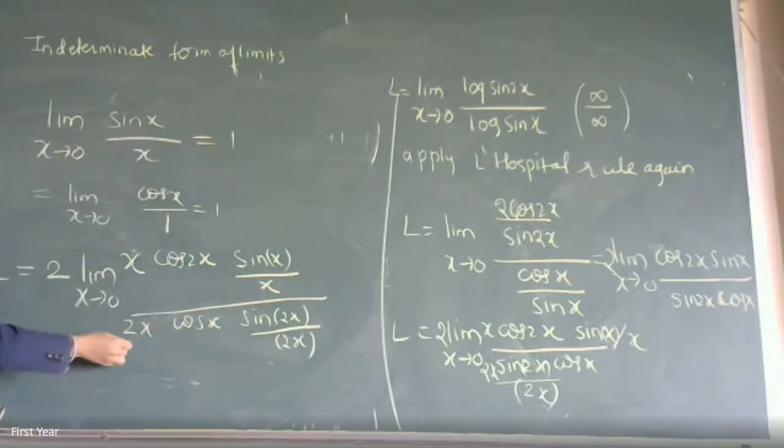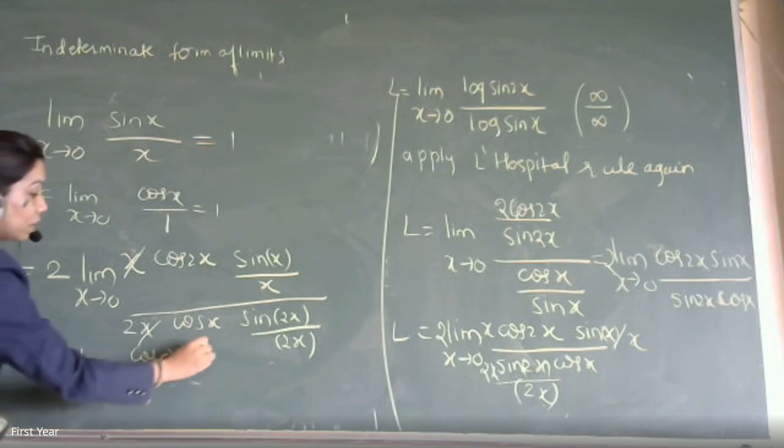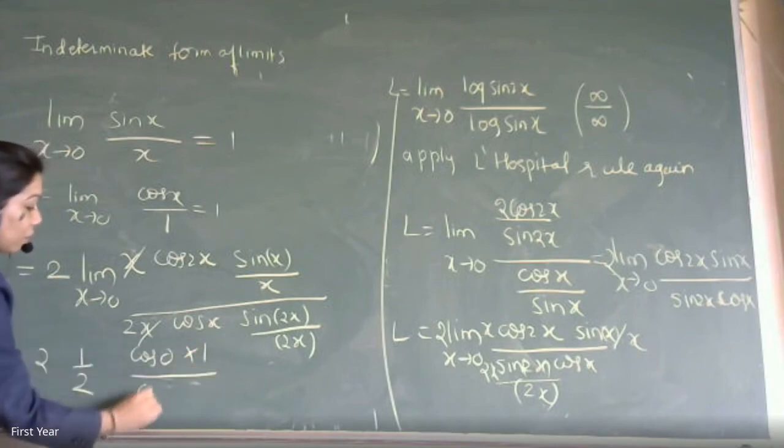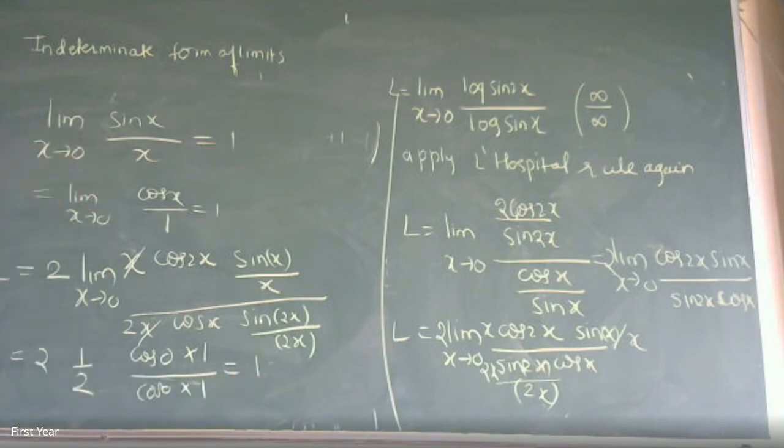Is it okay? And now this x will get cancelled. 2 into 1 by 2, cos 0, this is 1. Clear? Anyone has any doubt? Please ask.